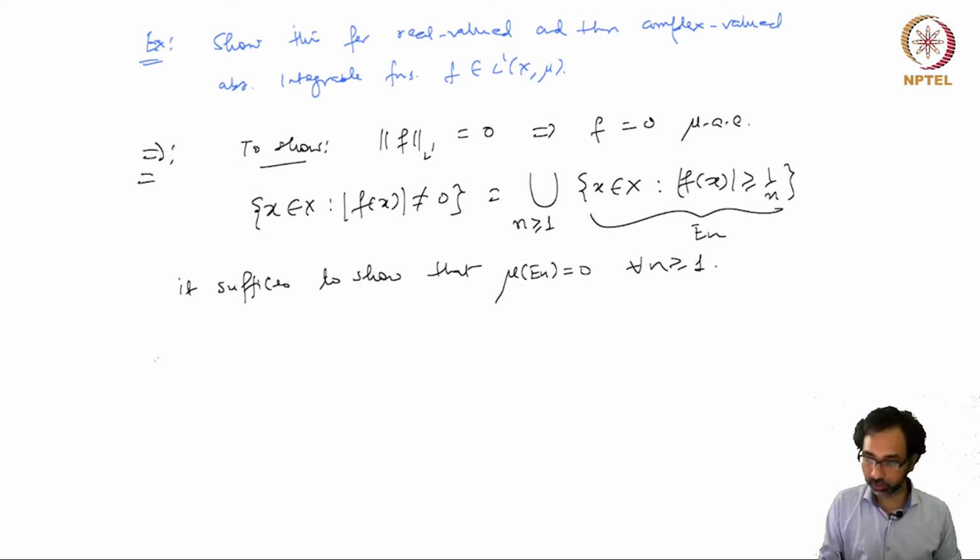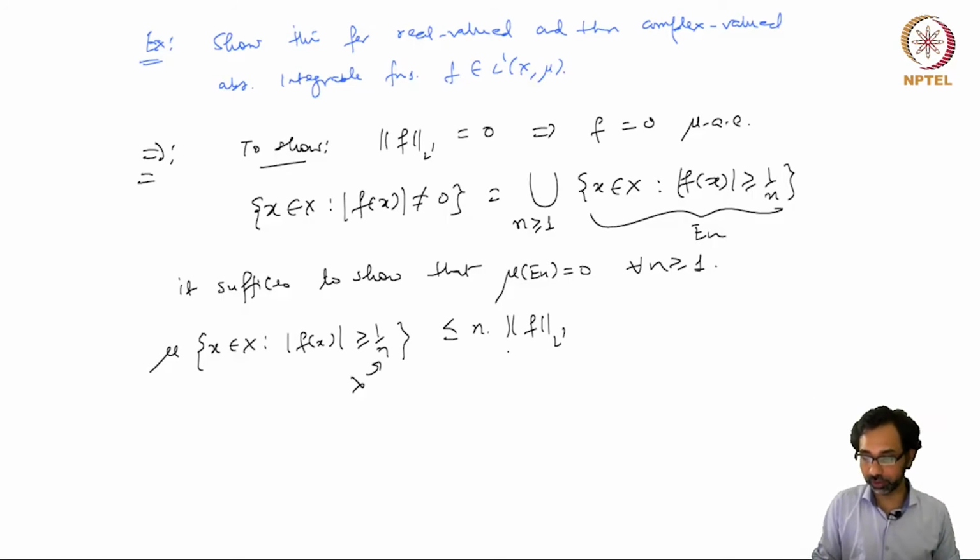So let's see what these measures are. The set of x in X such that mod f(x) is greater than or equal to 1 by n, by the Markov inequality, if you take lambda to be 1 by n, then you have 1 over lambda, so n times the L1 norm of f, and this is 0, so this is 0. So this implies that mu of En equals 0 for all n greater than or equal to 1.